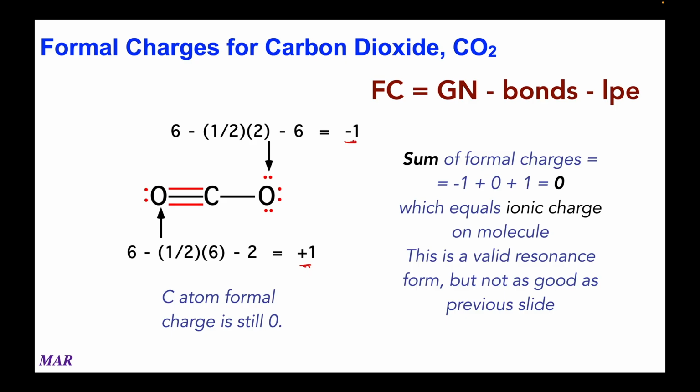You still go to 0, but it's not as good as the previous CO2 because you've got negative and positive ones. They're like little magnets that attract the opposite charge to them. So that positive oxygen will attract negative things to it. The negative oxygen will attract positive things to it. So people feel that CO2 with 2 double bonds is a better Lewis structure than if you have a triple and a single like you do here.